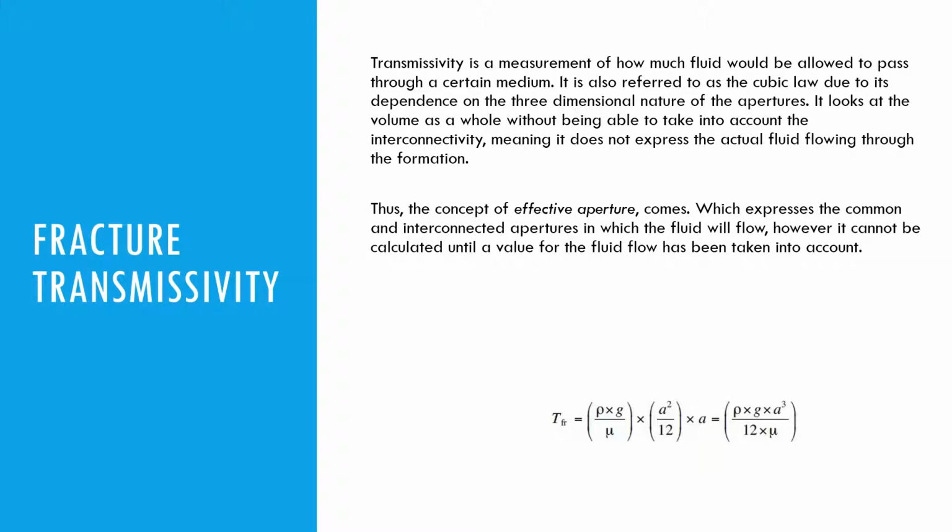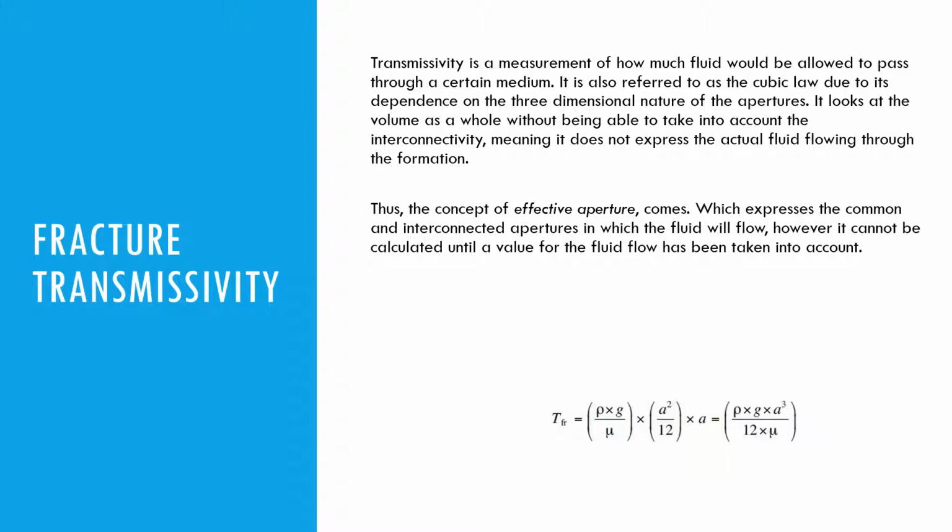And from the concept of fracture transmissivity, we get the concept of effective aperture, which expresses the common and interconnected apertures in which the fluid will flow. However, it cannot be calculated until a value for the fluid flow has been taken into account. So, effective aperture is a really important concept in permeability, but we're only able to get it if we actually have real data and all of the other required information.